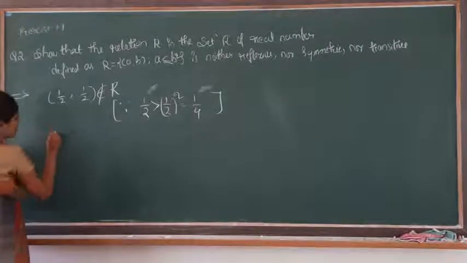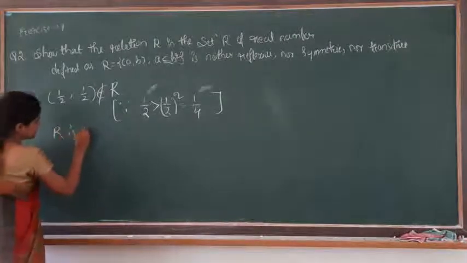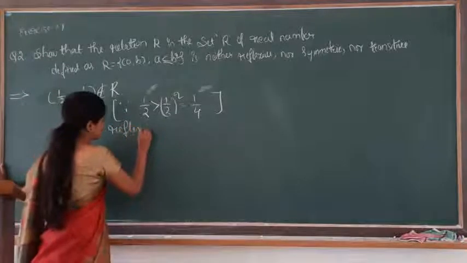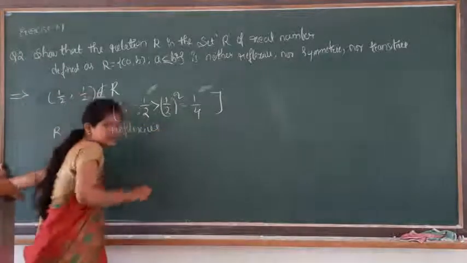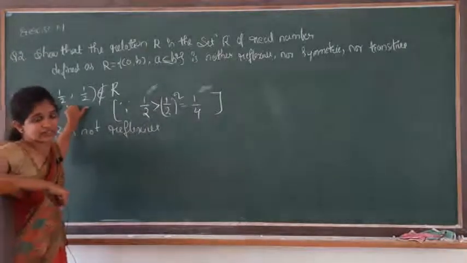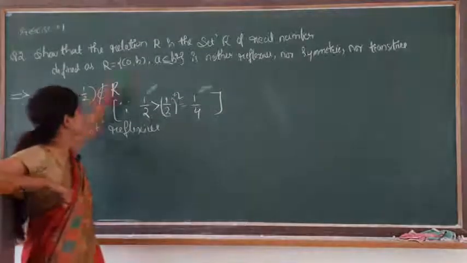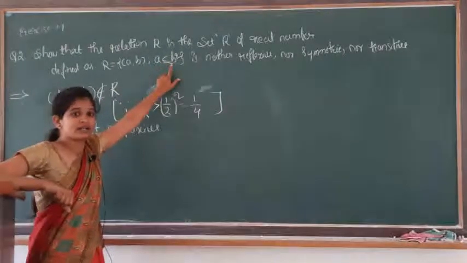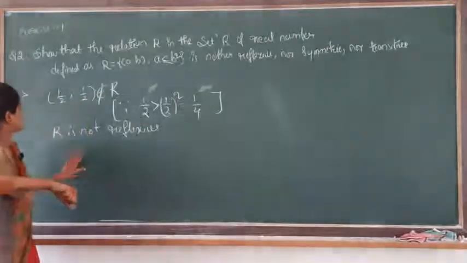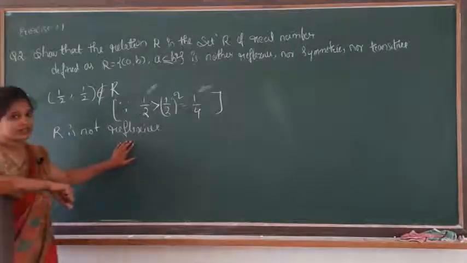Therefore R is not reflexive. Why is R not reflexive? 1/2 is not related to itself, means 1/2 is not less than or equal to the square of 1/2. That's why R is not reflexive.